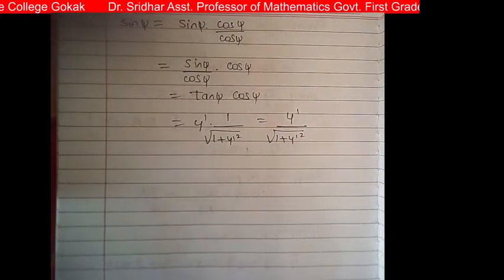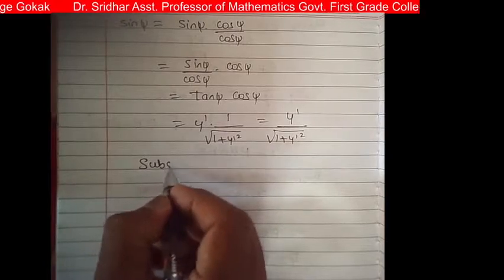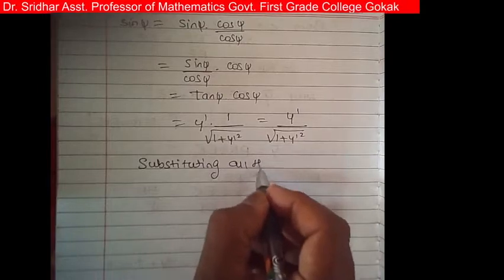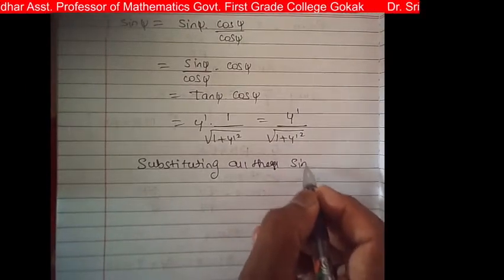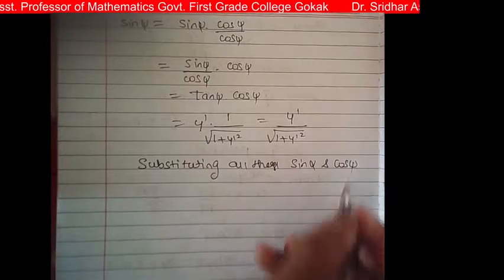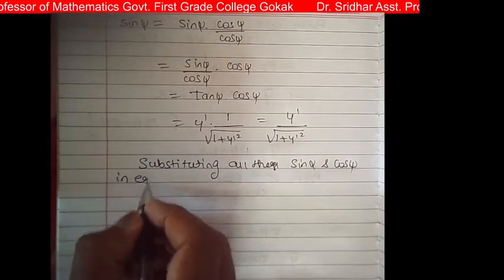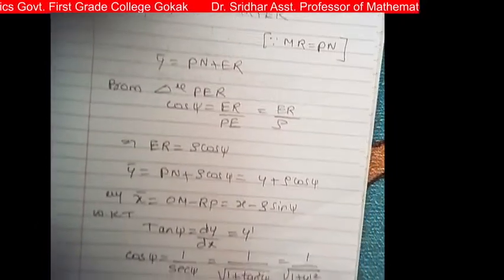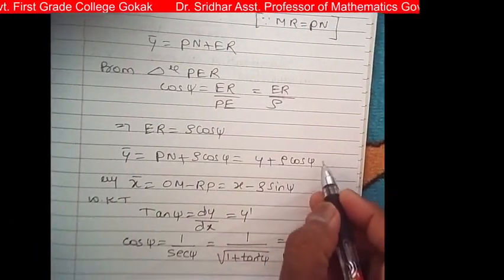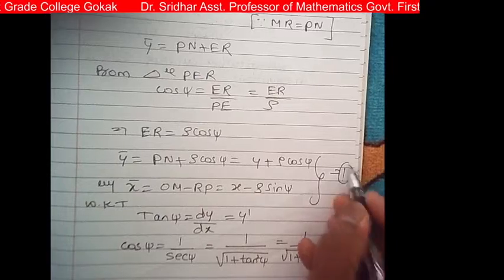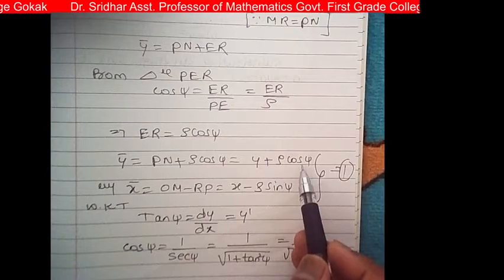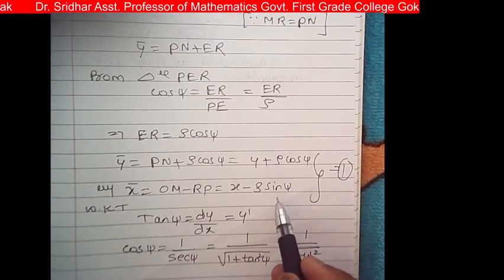Okay, now substituting all these sin psi and cos psi in the equations. Call this as equation 1. So in these equations you have to substitute cos psi and sin psi.